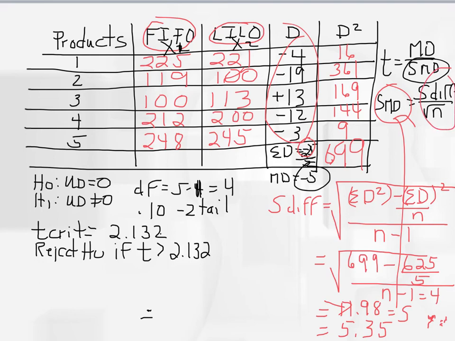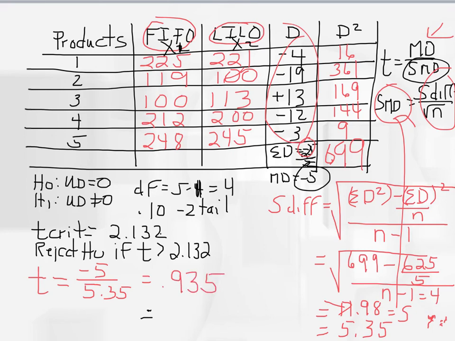So now to get our t-value, t is going to equal our mean difference, we're back to our formula here, which is minus 5 divided by 5.35. Which is going to give us a t-value of 0.935.